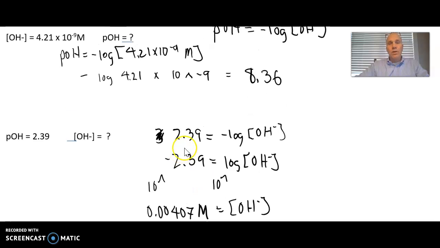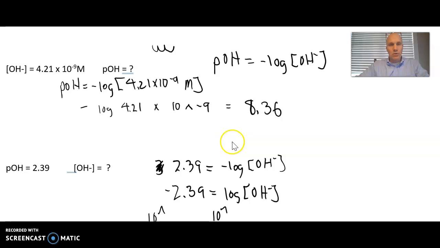I wanted to point out one way that you can check your answer to make sure that it's reasonable. Even though you put the number in the calculator, there's something about the original number that should be true. What the pOH is most related to is the exponent right here.